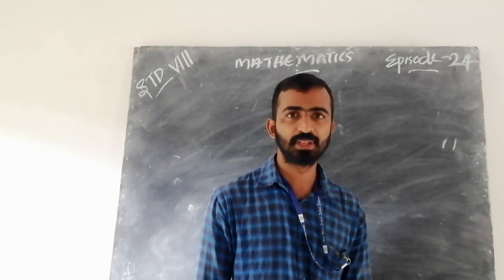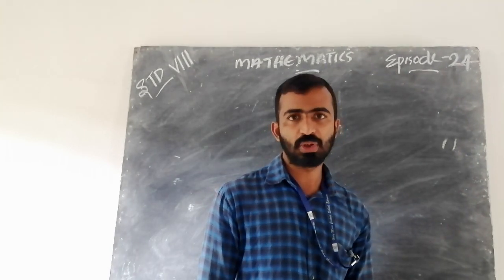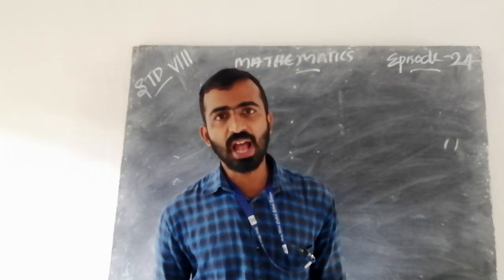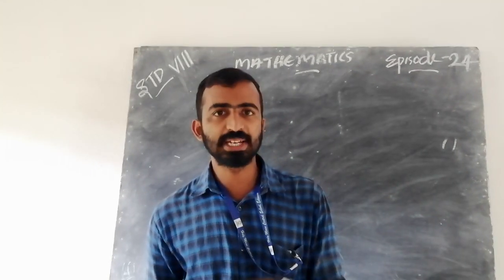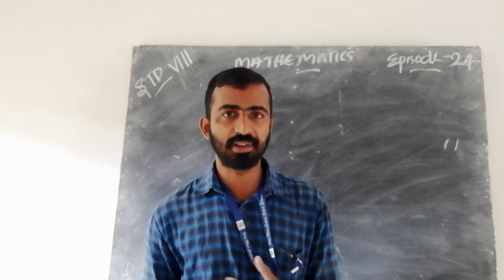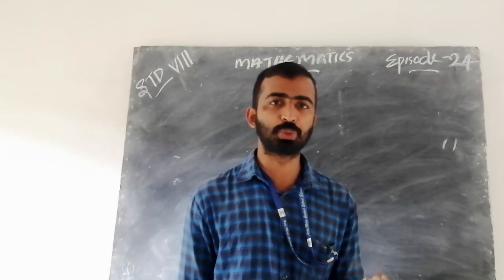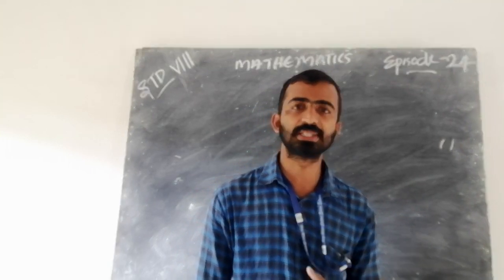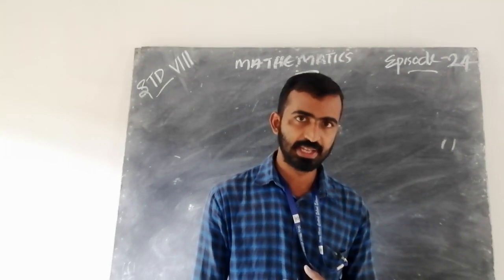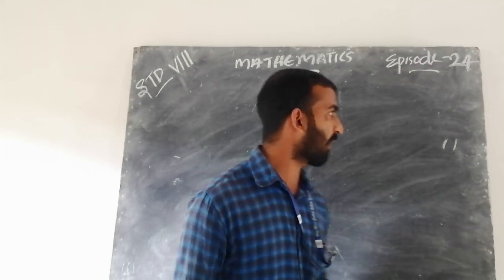In a histogram, the x-axis and y-axis are given, and then we can understand which information is being conveyed to us. Today we are going to discuss our exercise 5.1.